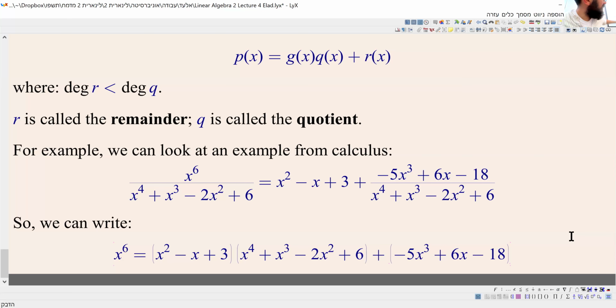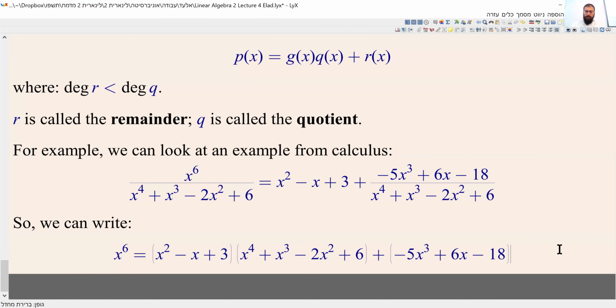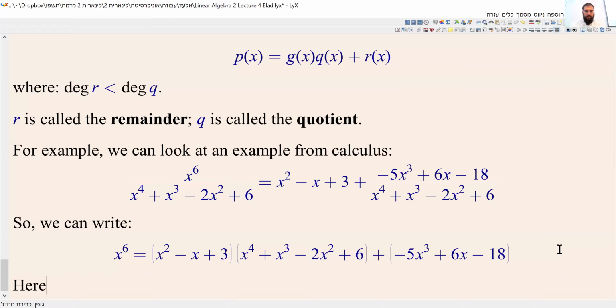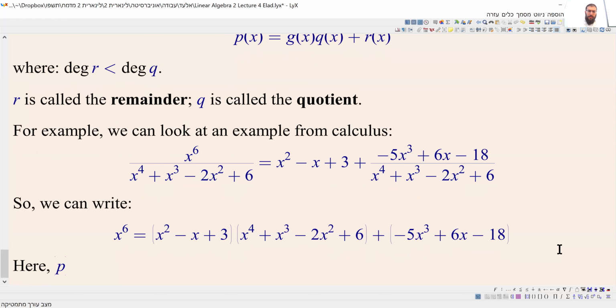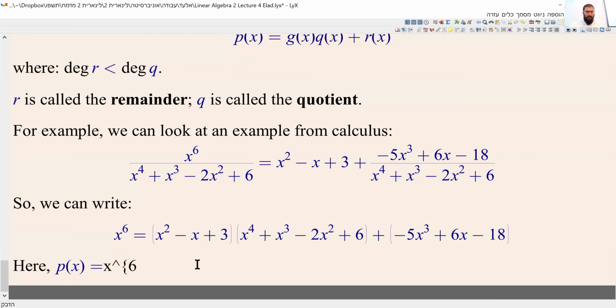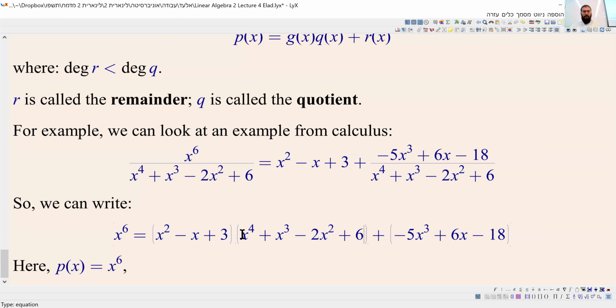If the brackets are not very visible, I can change them to some thicker ones. Here, P is the polynomial we are dividing, which is x to the power of 6, Q is the polynomial we divide by, which is x^4, etc.